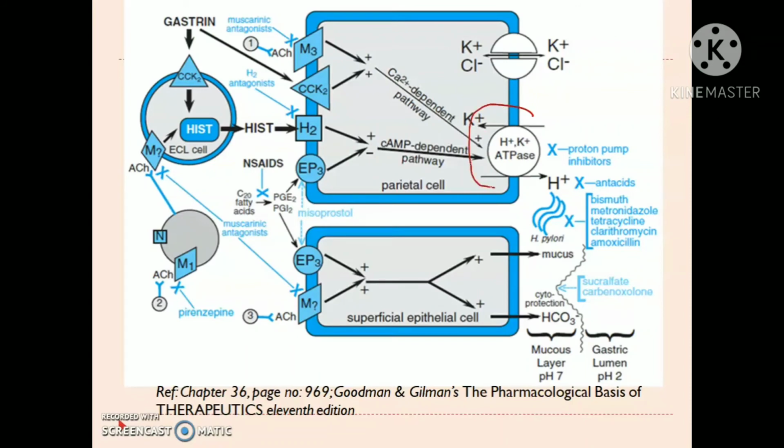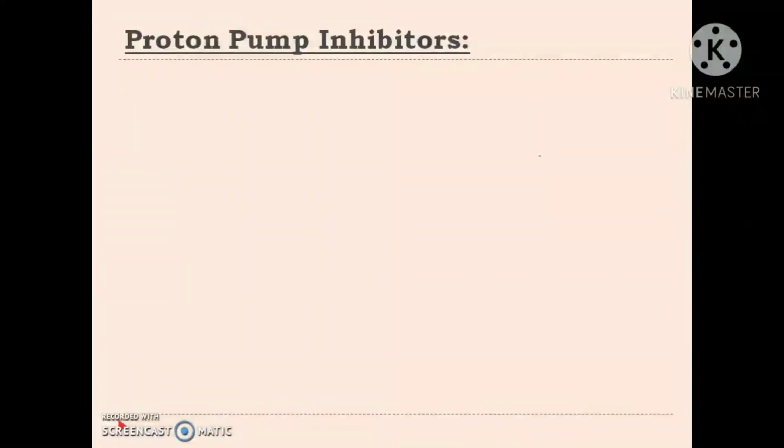We have seen that there are three systems that regulate acid production and secretion in the gastrointestinal tract. So whatever be the mechanism by which the acid secretion is increased, ultimately the acid formed in the parietal cells has to be pumped out against the concentration gradient by using this proton pump.